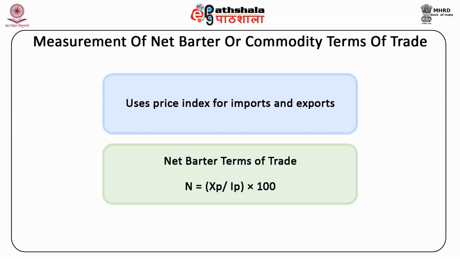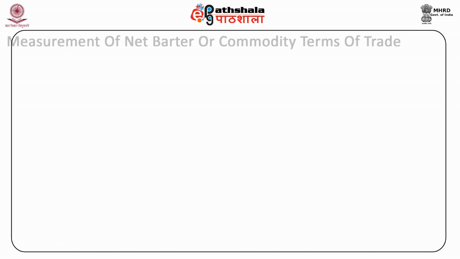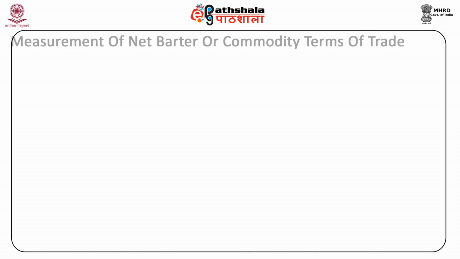We multiply the whole expression XP upon IP by 100 to get rid of the decimal. Let us understand the concept of net barter terms of trade using an example.